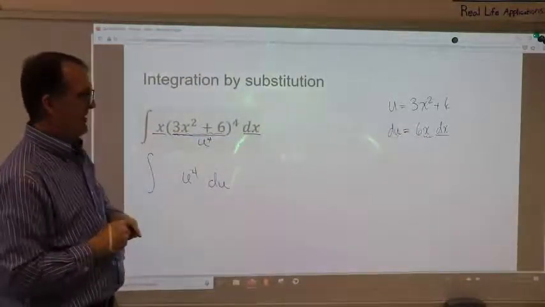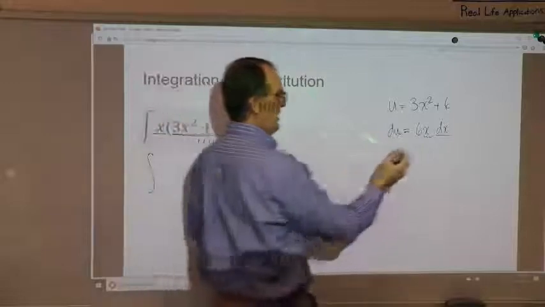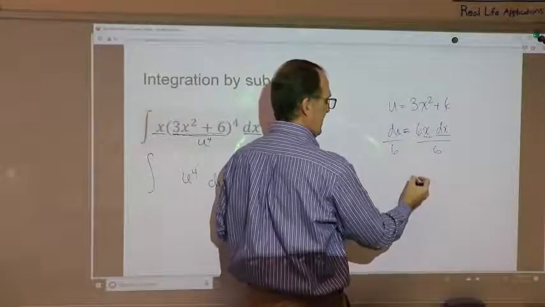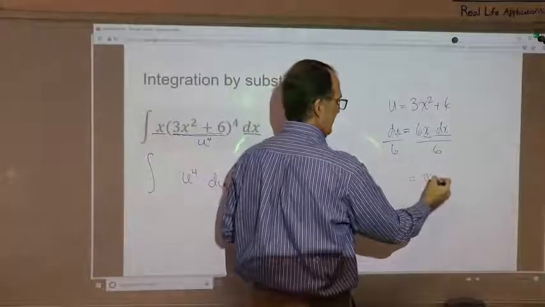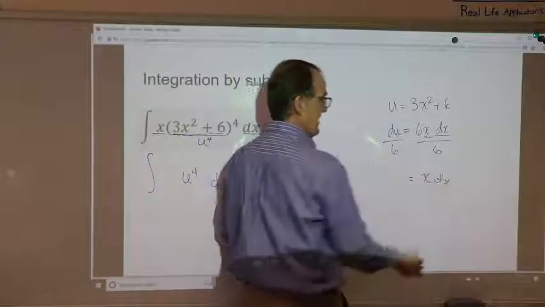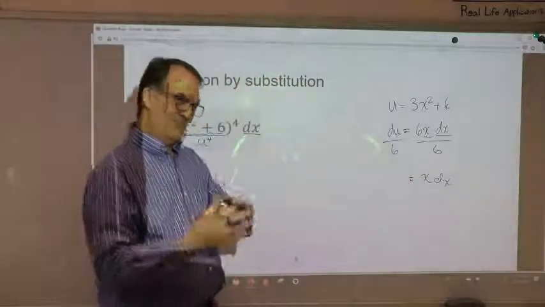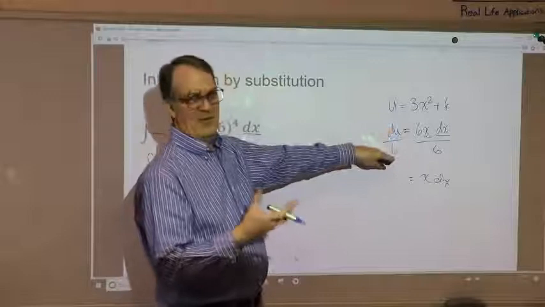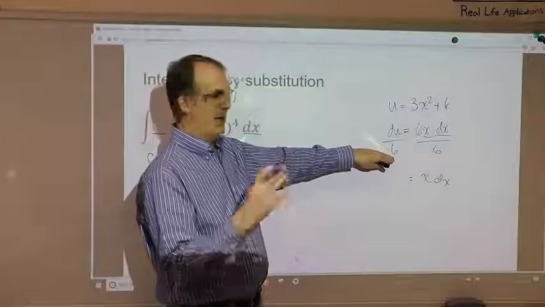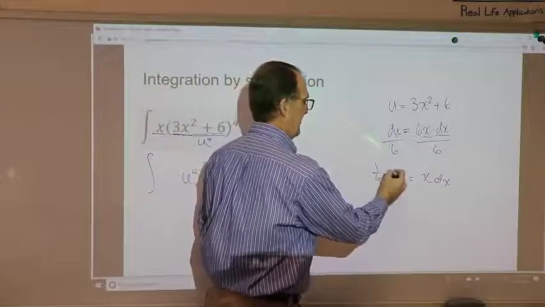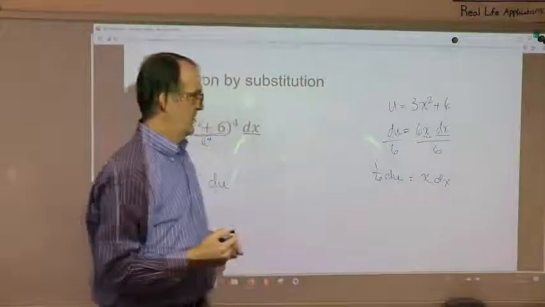And so what I need to think about is, if I divide by 6, then this is x dx. I know I said divide by 6, but I want to think of it as multiplying by 1/6, because what I really want to say is 1/6 du.